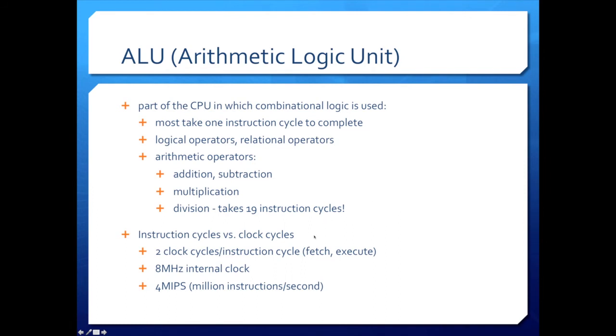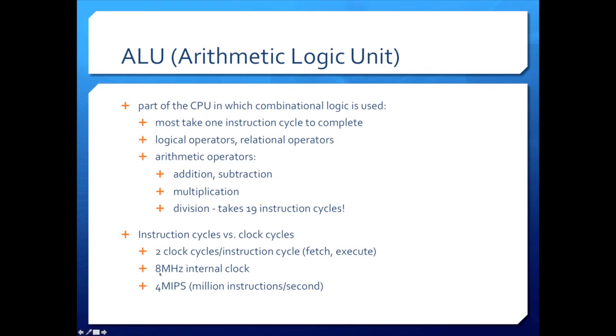Talking a little bit about instruction cycles versus clock cycles: 2 clock cycles are required for every instruction cycle, and we refer to that as the fetch and execute of a CPU. It has to fetch that instruction from the program memory and then execute it, and that takes 2 clock cycles.